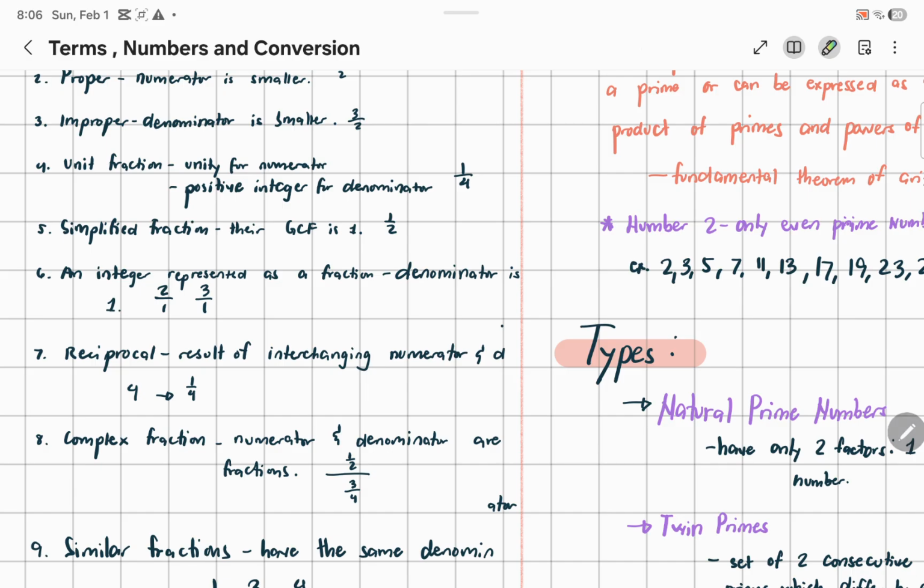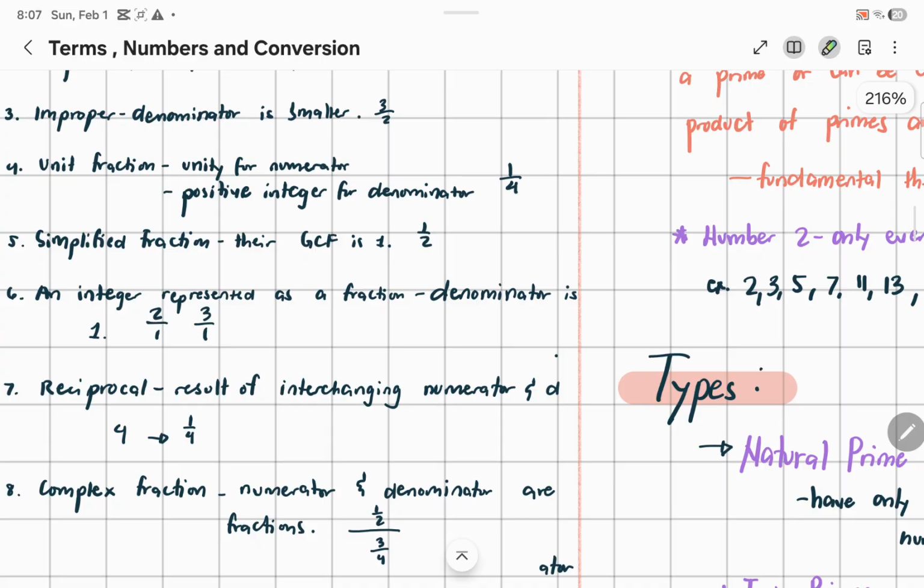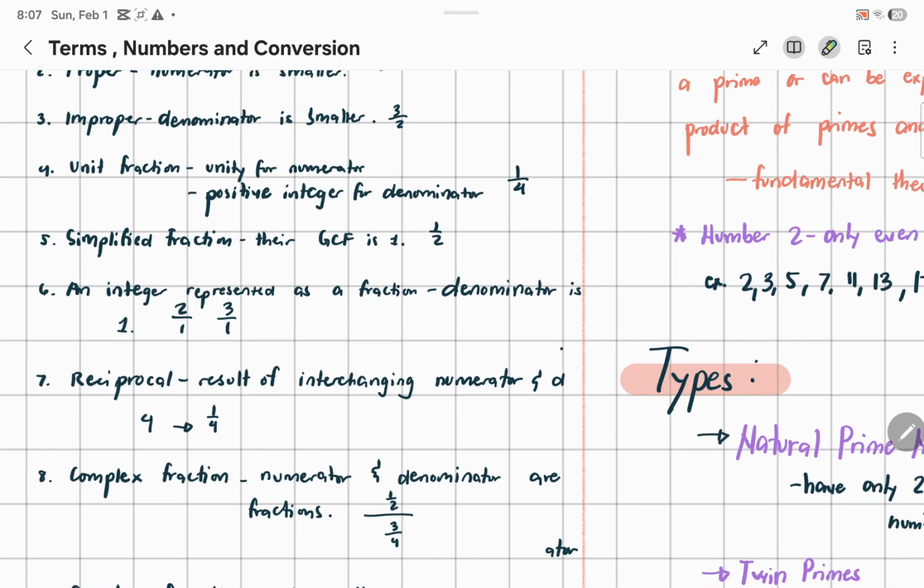Now, when we say simplified fraction, their GCF or greatest common factor is 1. So for example, we have 1/2. The greatest common factor of these two is just 1, because you can no longer find a lower term for these two numbers, right?